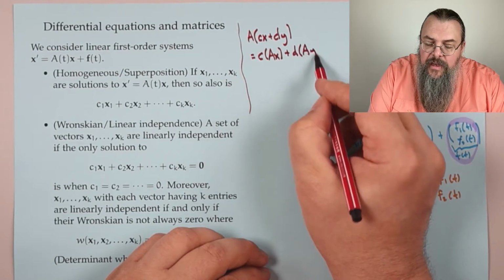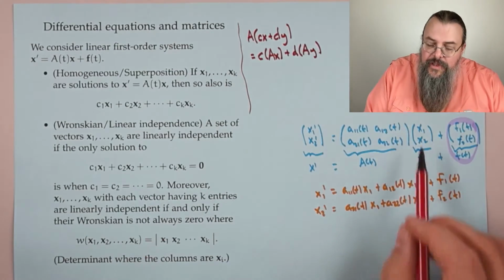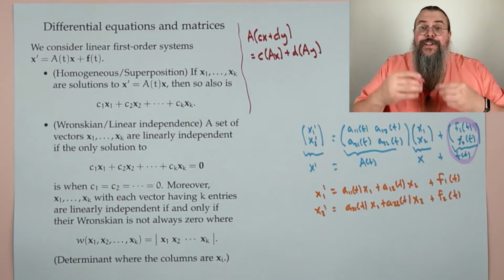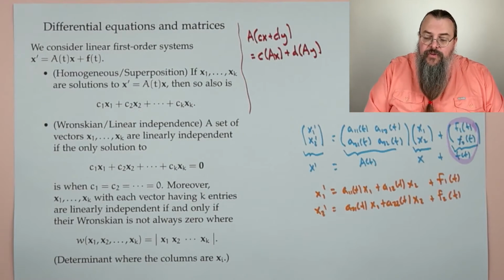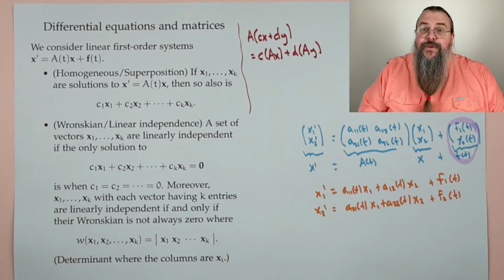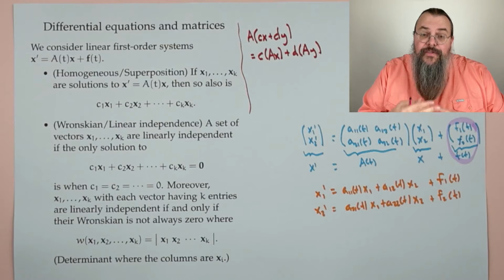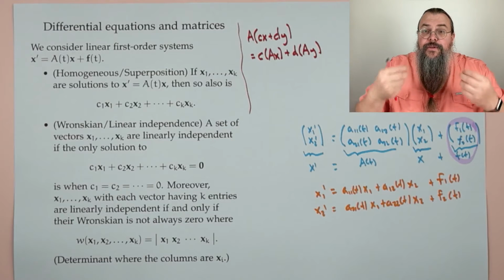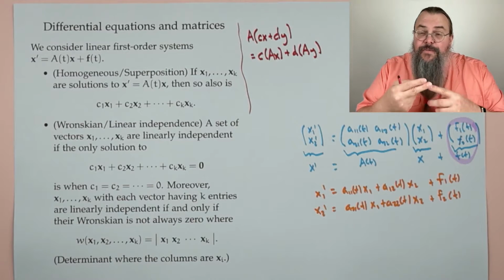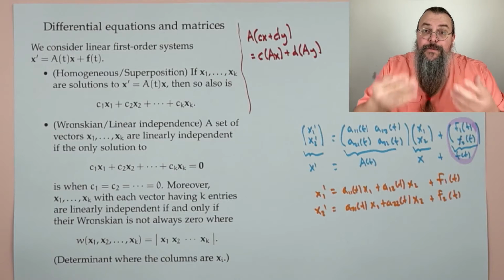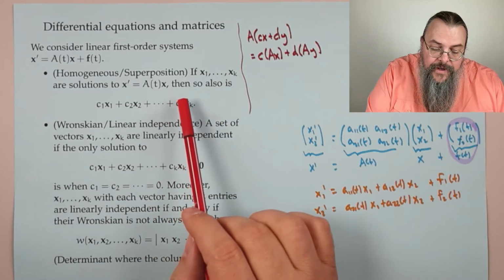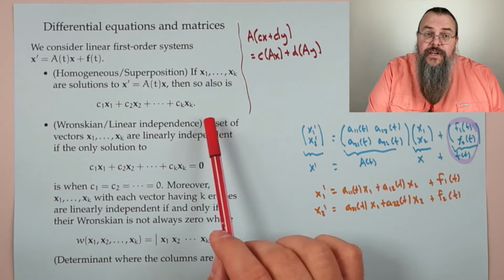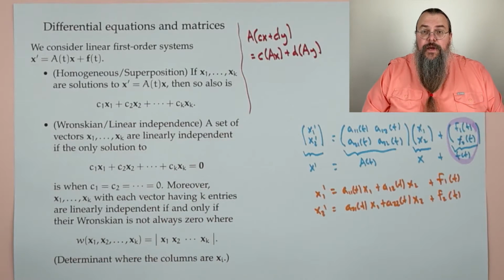The derivative acts linear too, which means that both sides behave well with respect to addition and multiplying by a scalar. Which means that if we have solutions, we can make new solutions as long as we do addition and multiplying by a scalar, which is superposition. So we have our nice fact: if we have some solutions, we can make more solutions by combining them in some nice way.